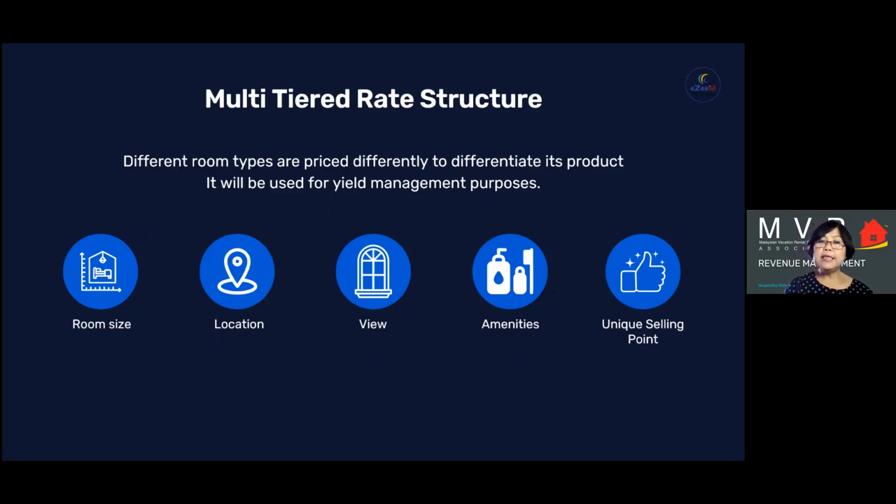So you can multi-tier your rate structure according to room size, location, like is this a resort hotel, city hotel, according to the view, according to what amenities you have in the room. Like for example, this is a suite room or this is a ladies room, and it has a different theme, like a unique selling point. So you got to break down your rate structure according to the product.